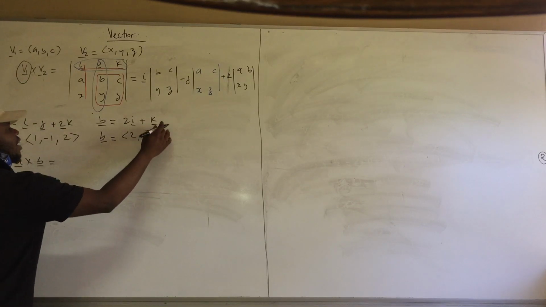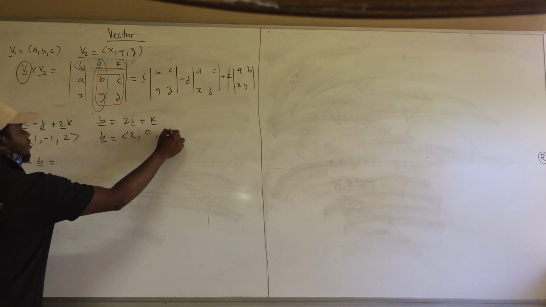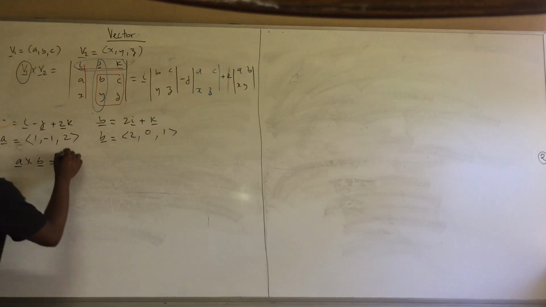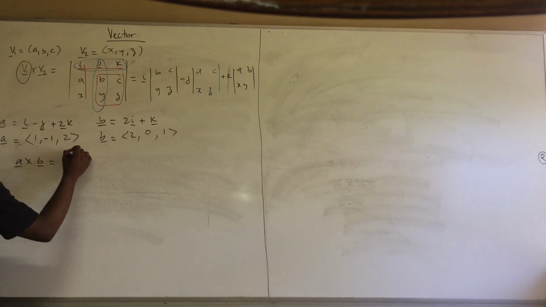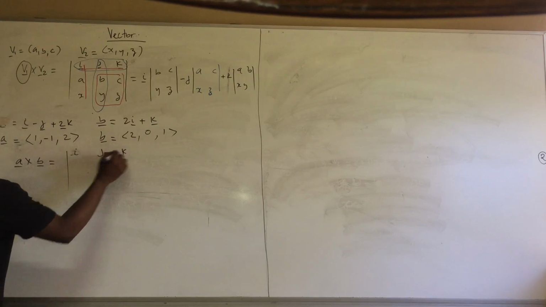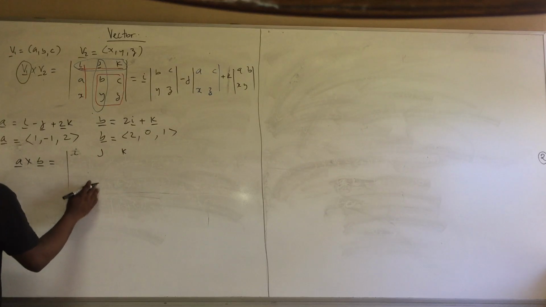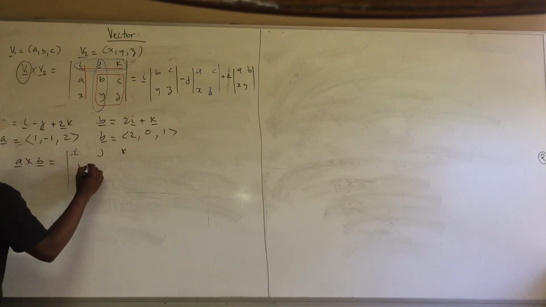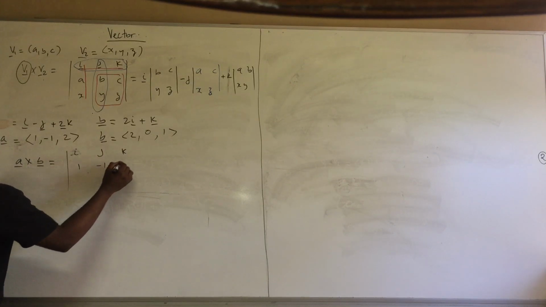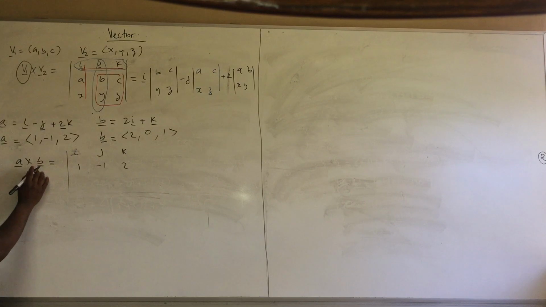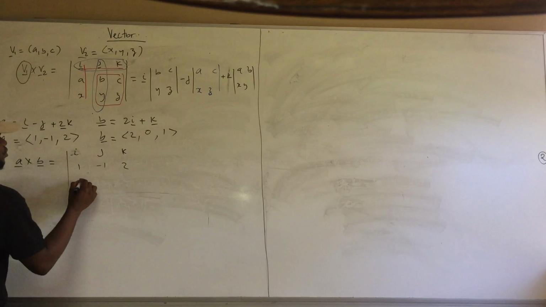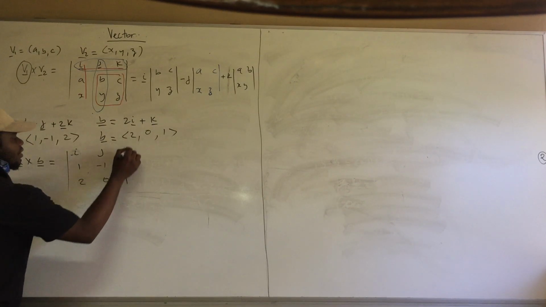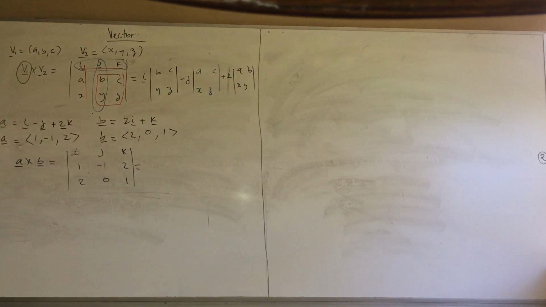So J is 0 and K is 1. Start with I, J, K. The first vector is A, which gives 1, minus 1 and 2. The second vector is B, which gives 2, 0 and 1. So now let's start solving it.